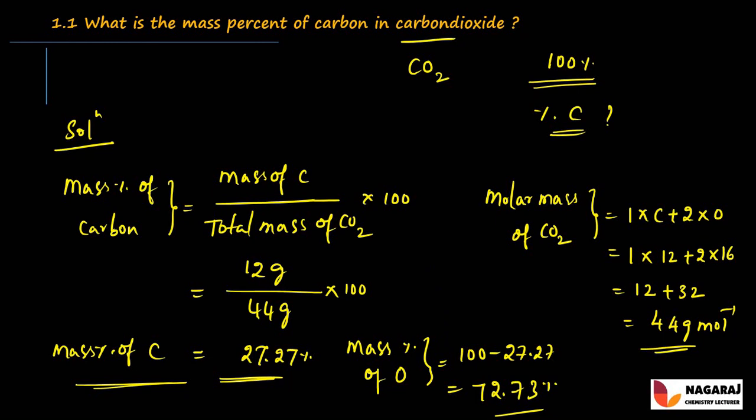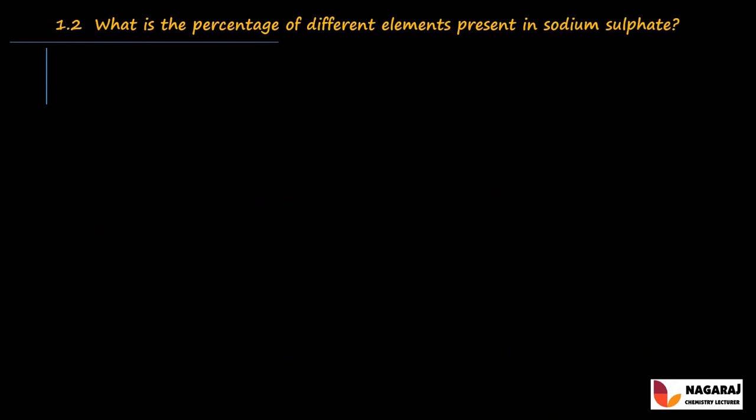Let us try one more problem. That is, what is the percentage of different elements present in sodium sulfate? So the formula for sodium sulfate is Na2SO4, right? Sodium sulfate. So first let us calculate the molar mass of sodium sulfate.